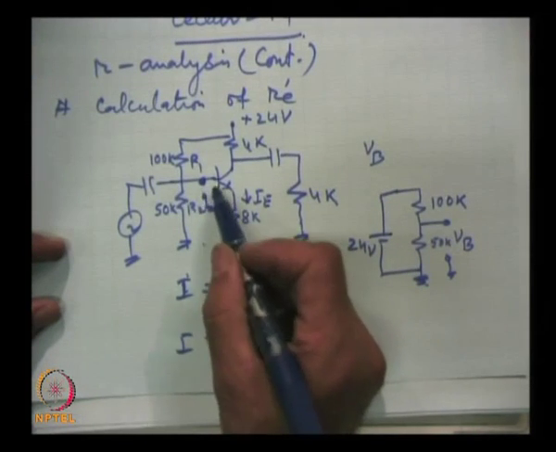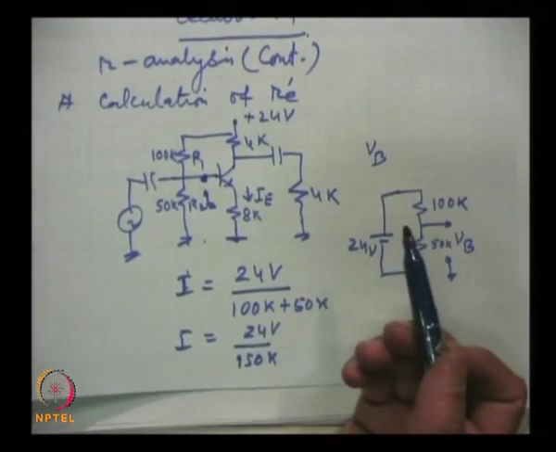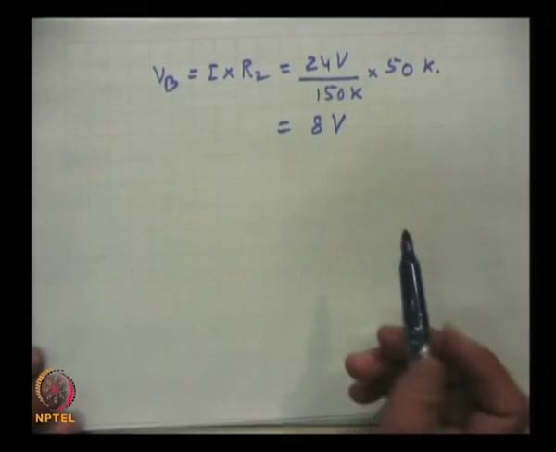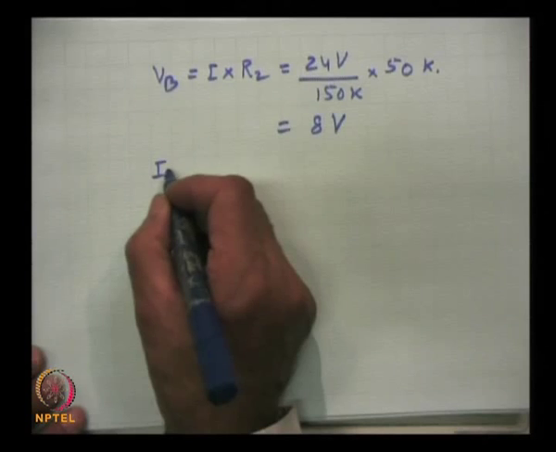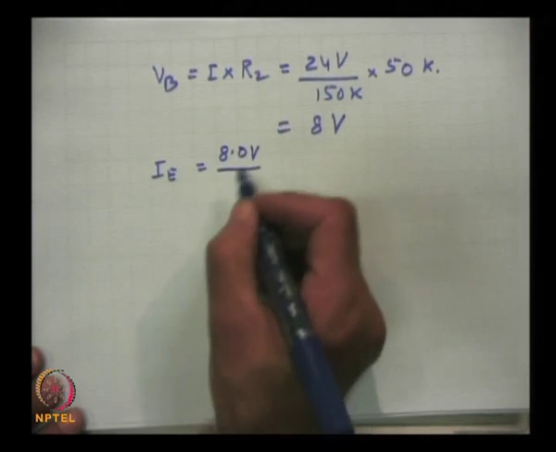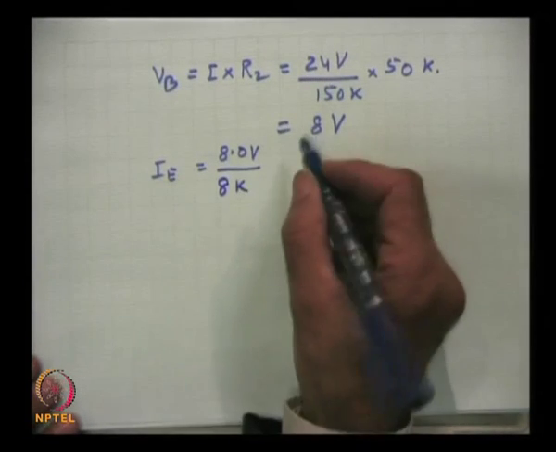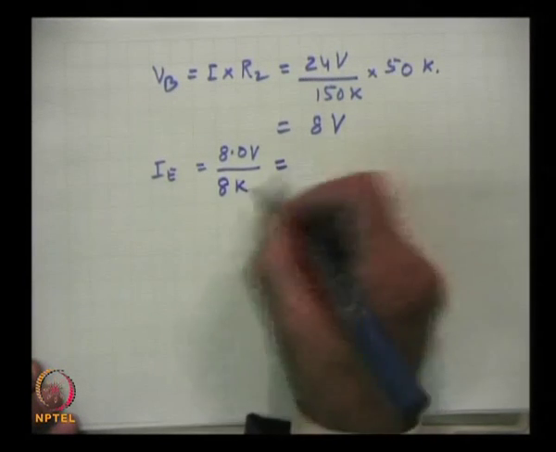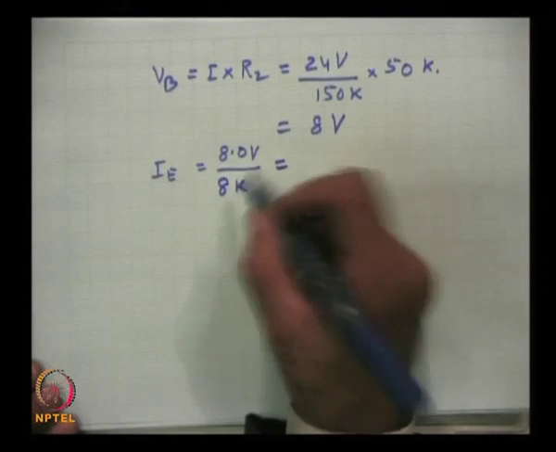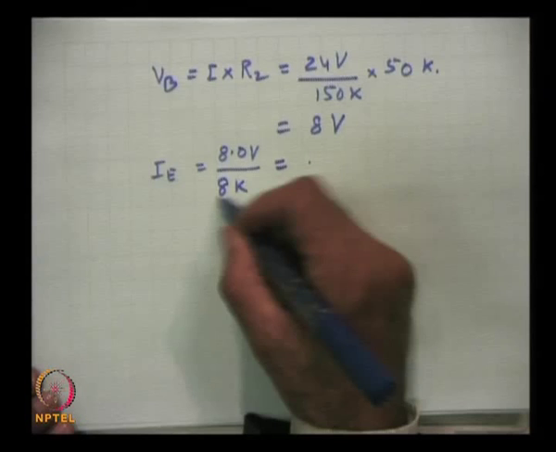Now, this 8 volts drops across this. By simple Ohm's law we can find the emitter current I e equal to 8 volts by the resistance 8 kilo ohms.